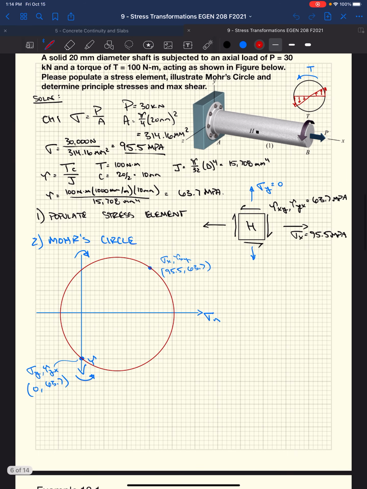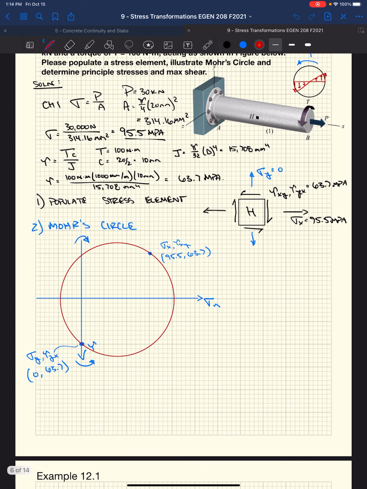So, in order to figure out what those principal stresses and max shear stresses are, we need to figure out some more parameters about our Mohr's circle that I drew so nicely. So we've got our center, right? That's always a good one to know.